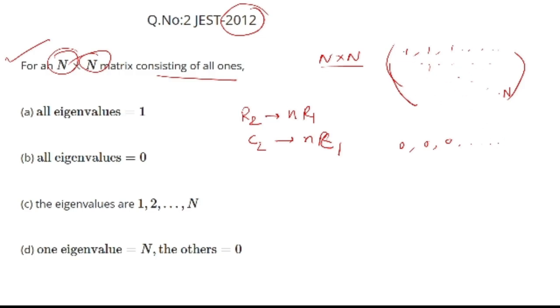Here, since it is an n cross n matrix, there will be n diagonal elements, all of them 1, so adding n ones gives n. So one eigenvalue is n and the others are 0.